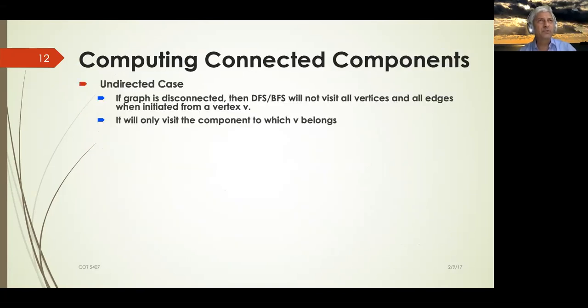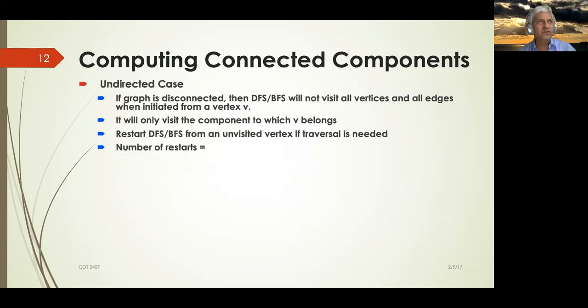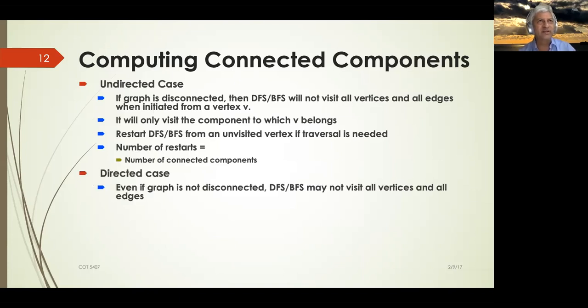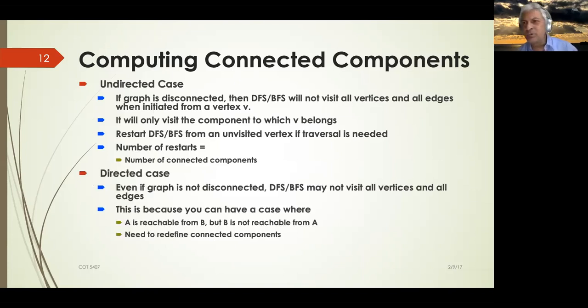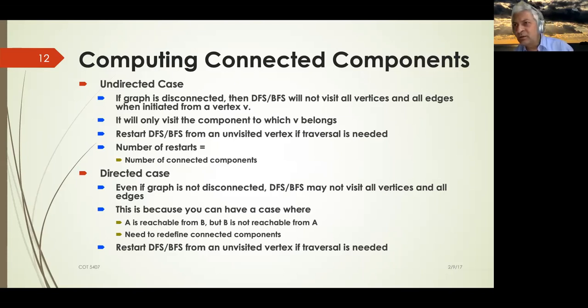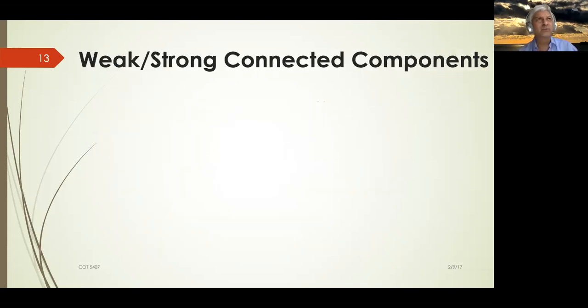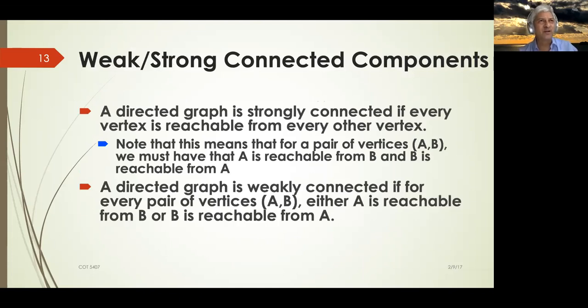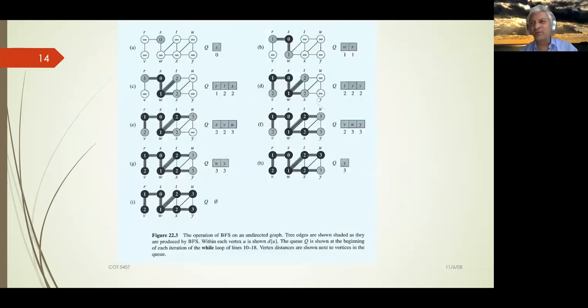Computing connected components, it tells you exactly how to do it, so I will let you read this later on. I want to move on to one more. I don't want to discuss this weak and strong for now. Let's move forward with this. I think the rest have to do with breadth first search.